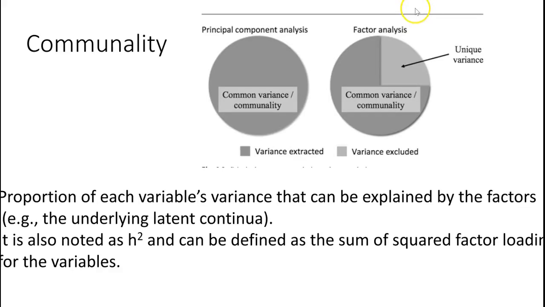And your output is going to show you 2 sets of communalities. The first set is called the initial communality, and the second is called the extraction communality. The communalities don't really tell you a lot of information about your factor model, but they're important because they tell you how well each variable is represented by the factor solution.